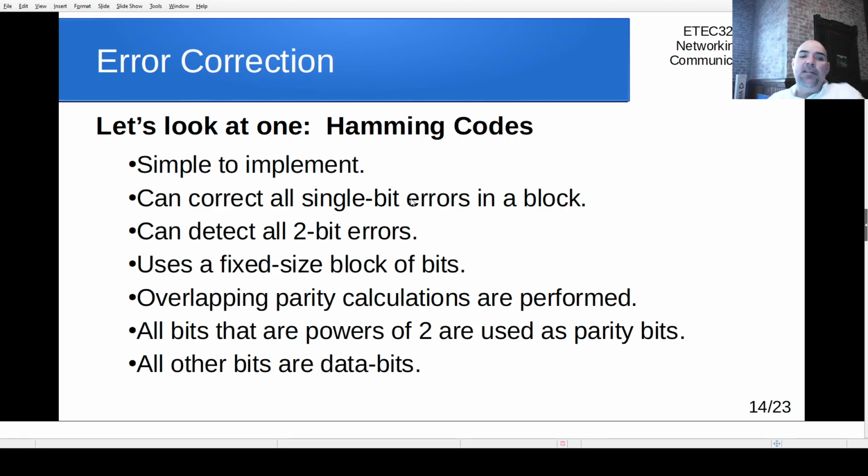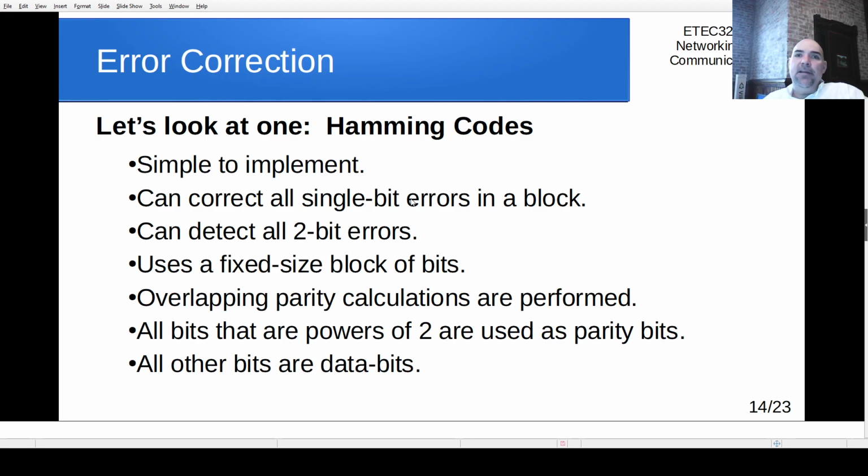And the central idea behind this is really pretty simple. It's something that we've seen before: parity. If you remember what parity is, just as a quick reminder, parity is adding a bit as either a 1 or a 0 to enforce a rule. So in even parity, we add a bit to make sure the number of ones is even.